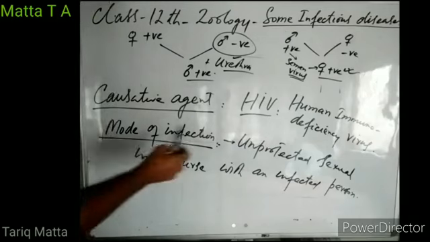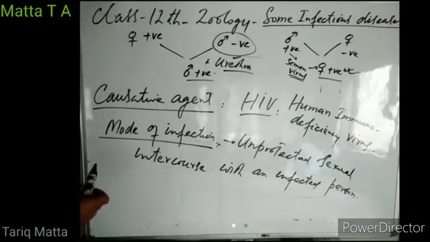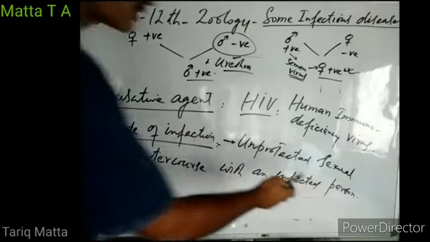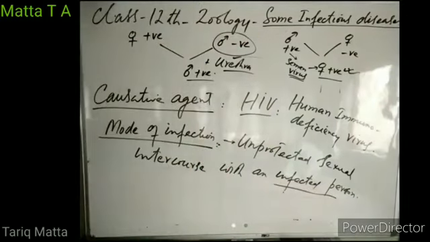So this disease spreads from one person to another, from an infected person to a normal person, through unprotected sexual intercourse, right?